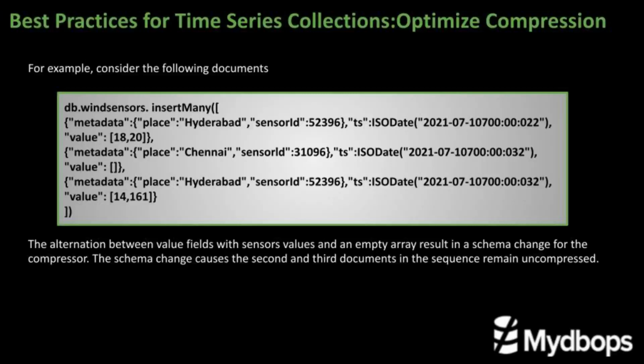In the first document, the value field has an array of 2 values. In the second document, the value field has an empty array. In the third document, the value field has 2 values within the array. There is a schema change when you compare the first and second documents. Because of this schema change, the second and third documents will remain uncompressed. So please avoid this type of scenario to improve your compression as well.